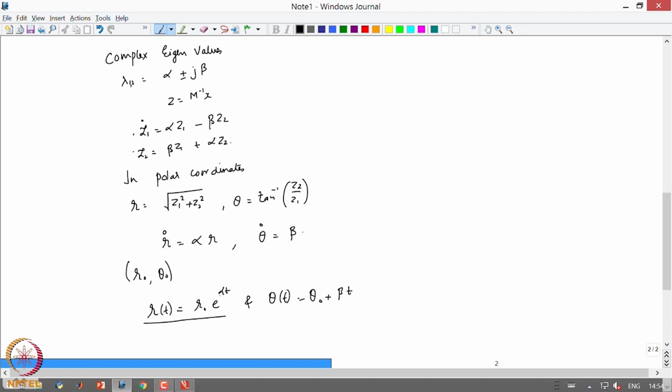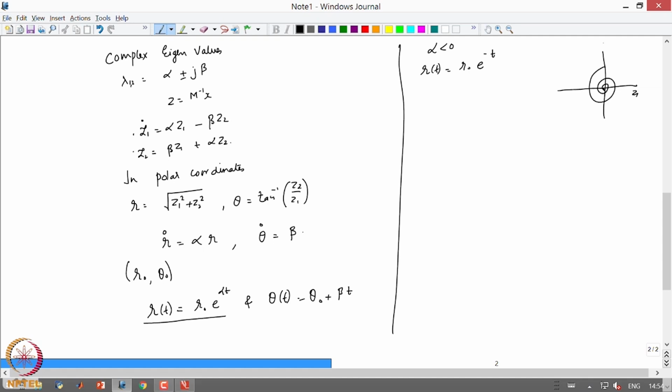Okay. So, what happens to the radius when alpha is less than 0? So, I have r of t is r 0 e power, say alpha is minus 1, e power minus t. So, this will mean that in my z1 z2 plane, my trajectories will just spiral to the origin, maybe in this way.